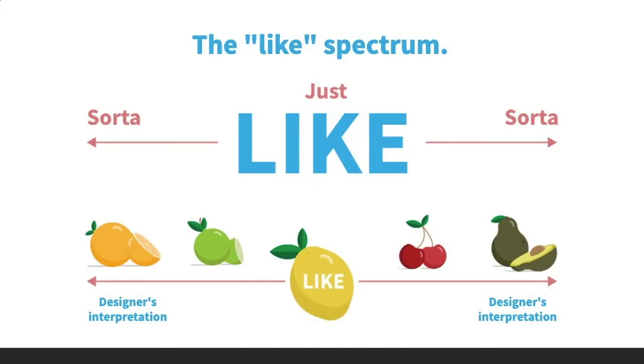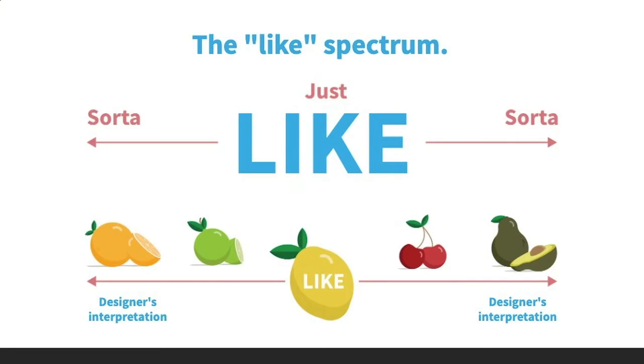So you can see that the designer's interpretation is going to skew a little far left or right, depending on their interpretation and whether or not they have introduced abstraction into what you have said. And again, that can be okay if you're open to the surprising results that this is going to yield.